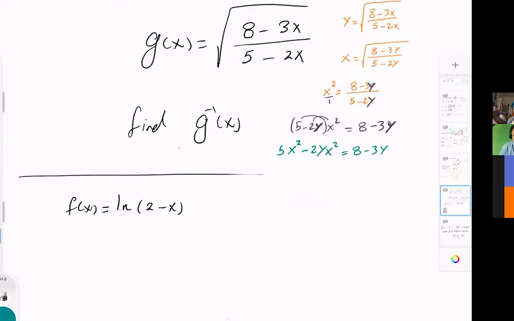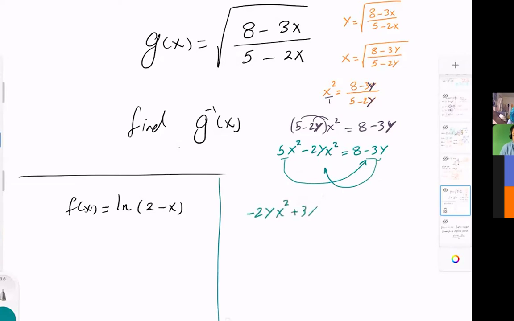So just don't forget about this question. Then I'm going to move 5x squared over there and negative 3y to this side. So we have negative 2yx squared plus 3y equals 8 minus 5x squared.